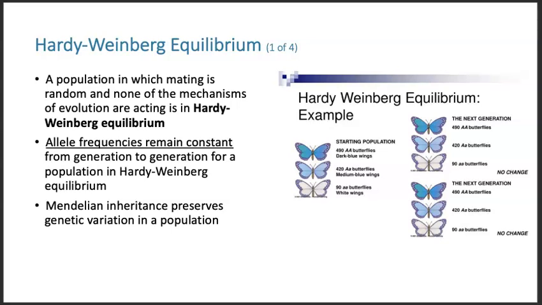So your percentage stays the same, right? So your grade isn't changing. This is just a very simplified way of thinking about them with always being out of 100%, for example, on a test. So if allele frequencies remain constant from generation to generation, we've got our Hardy-Weinberg equilibrium.